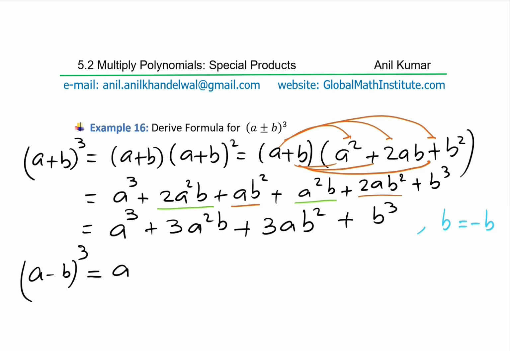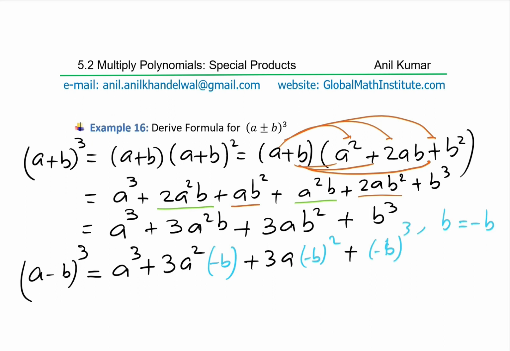So we get a cube plus 3a square. And I'm writing here, instead of b, I'm writing minus b, right? And so we get plus 3a, and then again, instead of b, I'm writing minus b square. And once again, with b cube, I'm going to write minus b cube. Perfect.